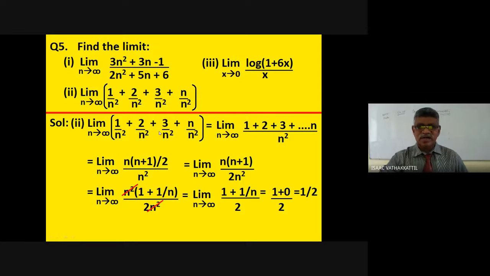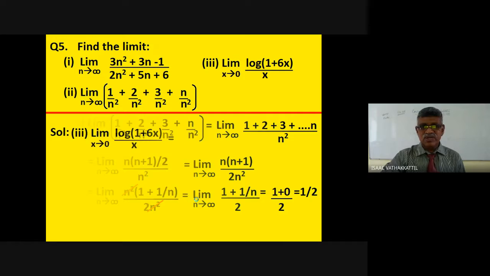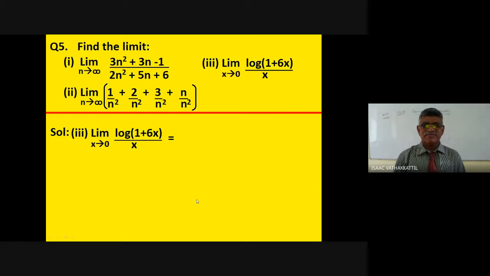Moving along, we take an LCM, apply the formula 1 plus 2 plus 3 plus up to n, that is n into n plus 1 by 2, simplified and applied, taken up the highest power of n common, and applied the limit n tends to infinity, 1 by n is 0. Well, the last one, you can tell me the answer directly.